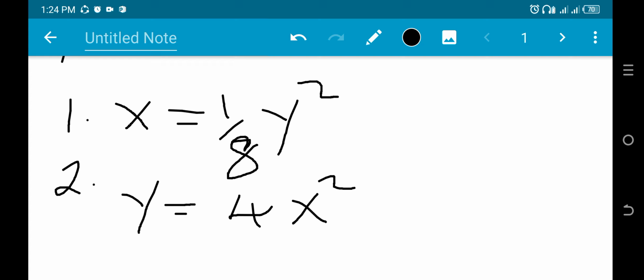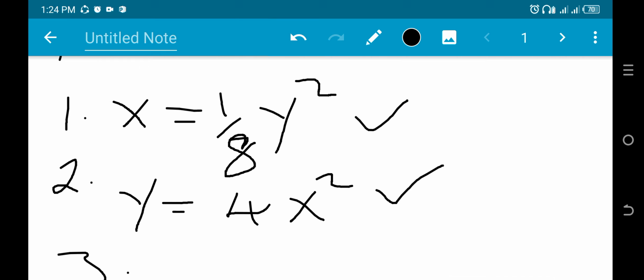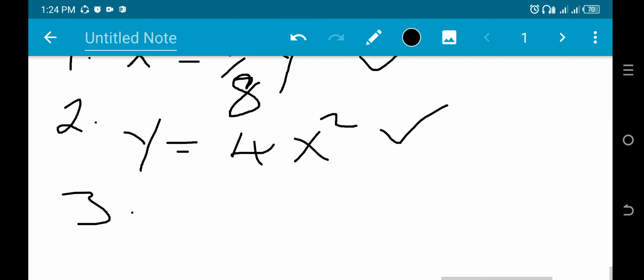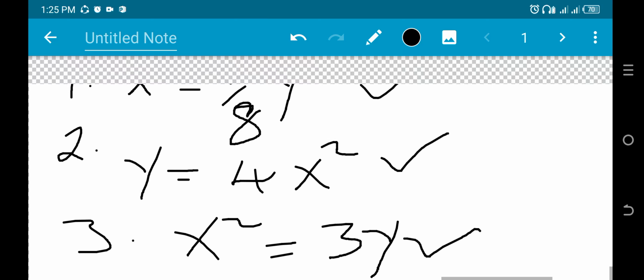So this is our first question and this is our second question. Then let me just put the last question, which is x squared is equal to 3y. So try solving these 3 questions and then submit.